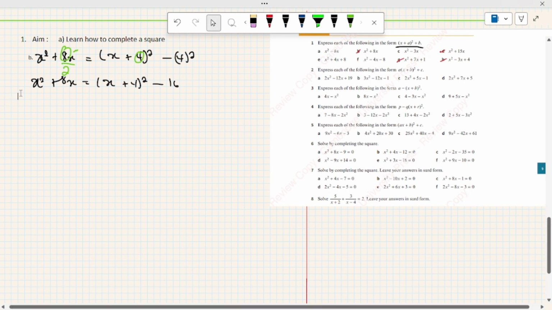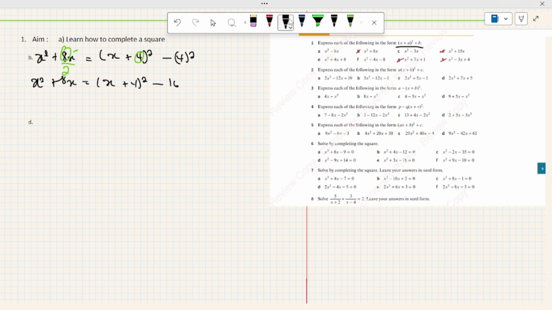And then the second question we're going to be looking at is D. Let me leave better space. D says x squared plus 15x. Right, same concept, guys.